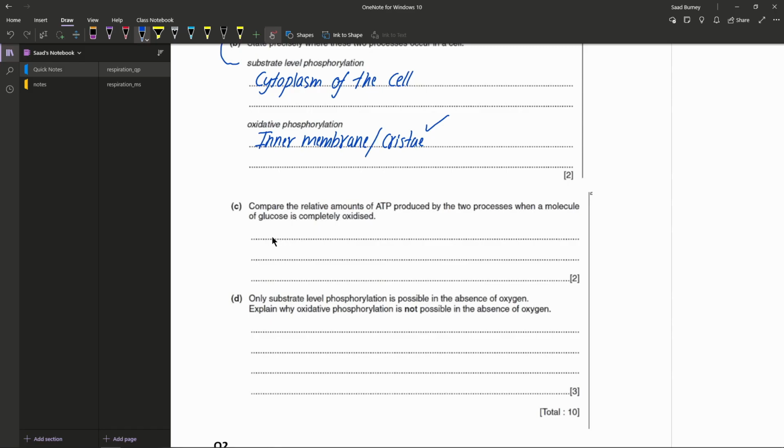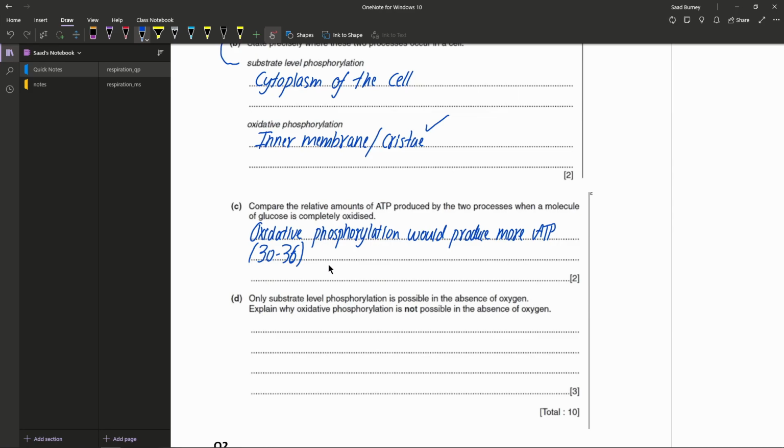So we do know that oxidative phosphorylation will produce more ATP, around 30 to 36 molecules of ATP are produced during oxidative phosphorylation.